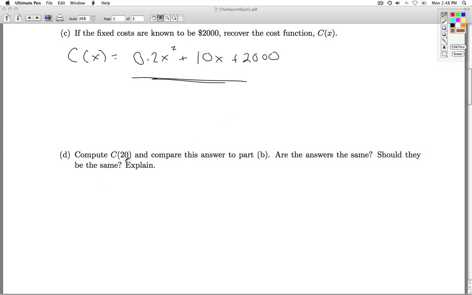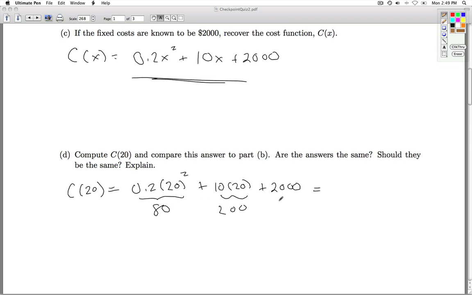Part D. Compute C of 20 and compare this answer to part B. So if I toss in 20, C of 20, 0.2 times 20 squared plus 10 times 20 plus 2,000. 20 squared is 400. 400 times 0.2 is 80.